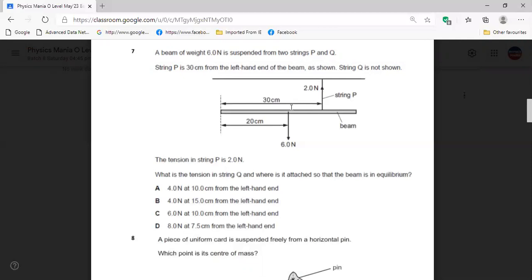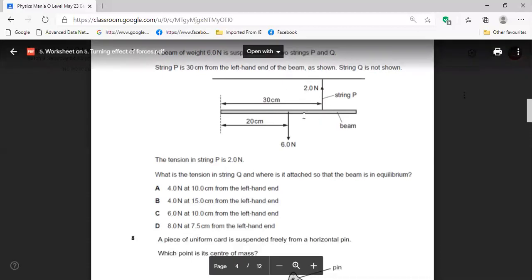Newton centimeter, 2 into 10, right? Yes, 2 into 10, then that is 20 Newton centimeter. So we should have another moment. We can understand from here it is working anti-clockwise, right?